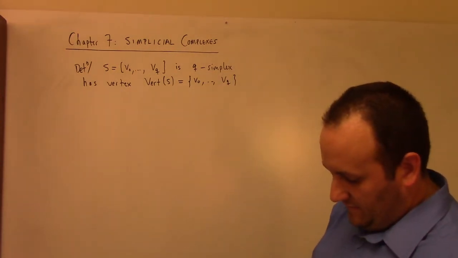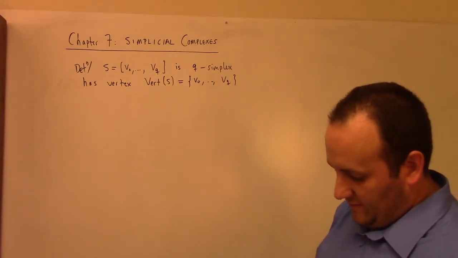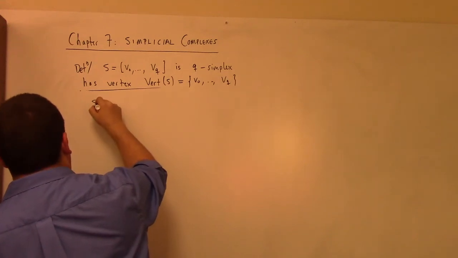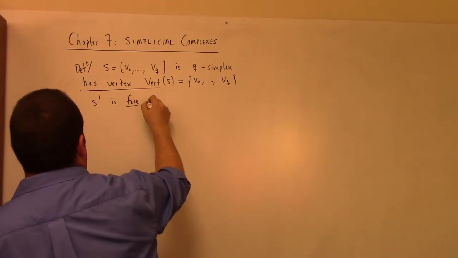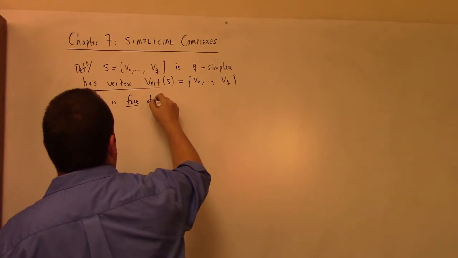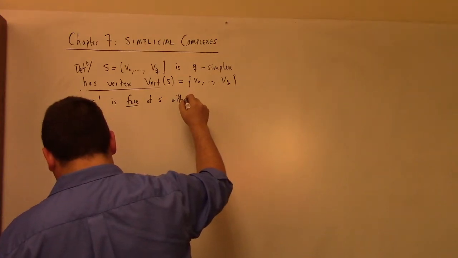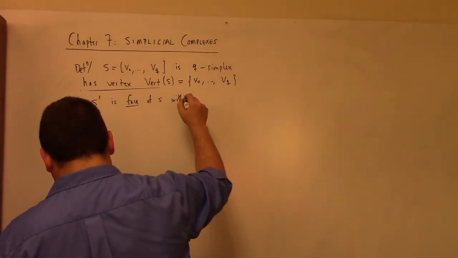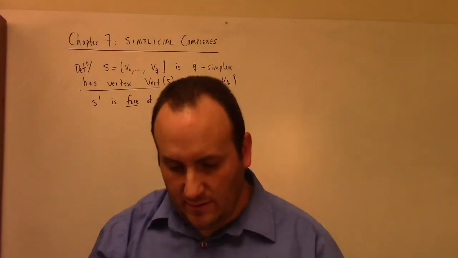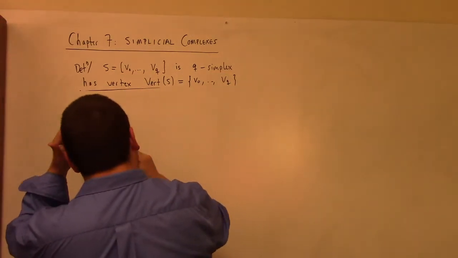Definition: if S is a simplex, a face of S is a simplex S prime where the vertex set of S prime is a subset of the vertex set of S. Basically, S prime is a face of S. What is a face?